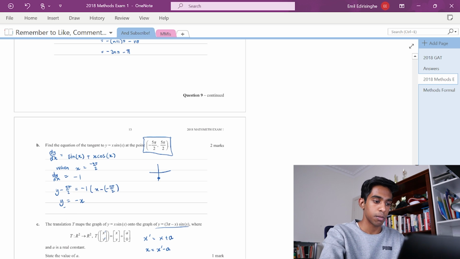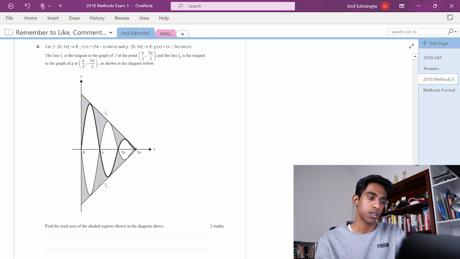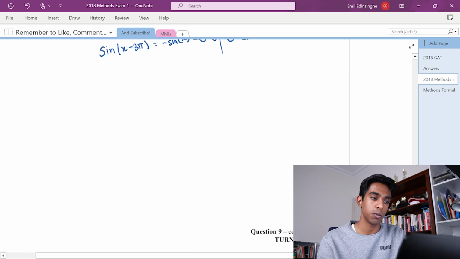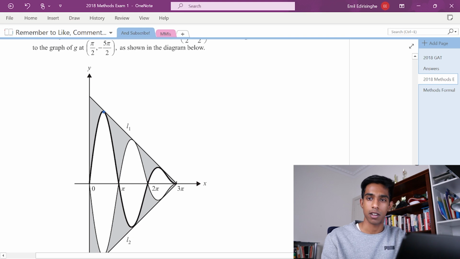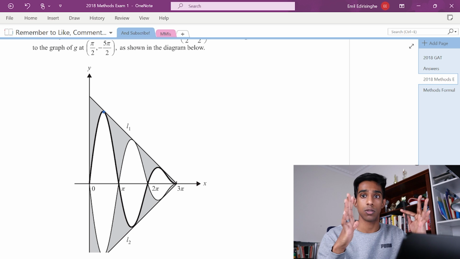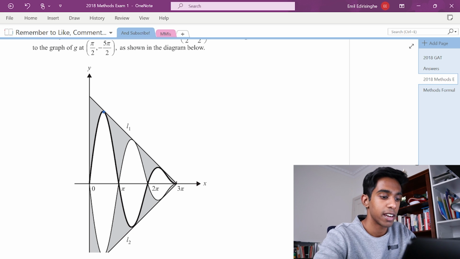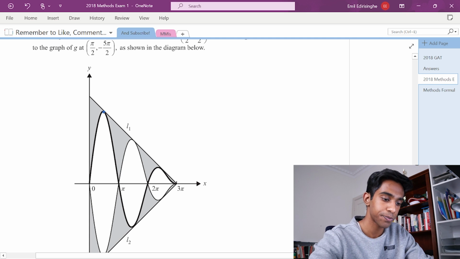So we can probably find the equations of L1 and L2. Because we found the tangent before, we found that it had a gradient of -1. We also know that with this one, nothing's been changed, there's been no dilation or transformations this way. That means that the gradient of L1 must be -1 as well.